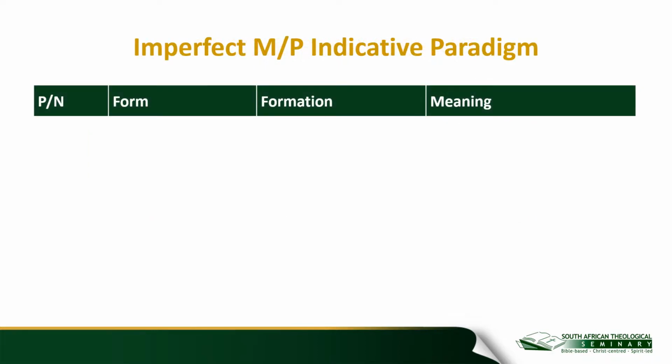Here is the paradigm for the imperfect middle or passive indicative. The one singular is eliomēn. It is formed from the augment epsilon plus the present tense stem li plus the connecting vowel omicron plus the one singular passive ending mēn. Eliomēn, I was being loosed.